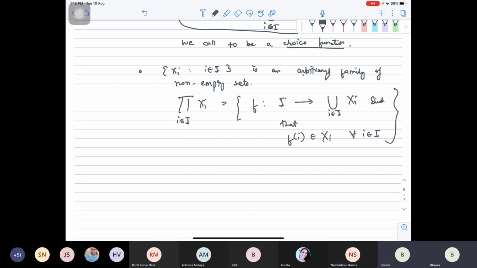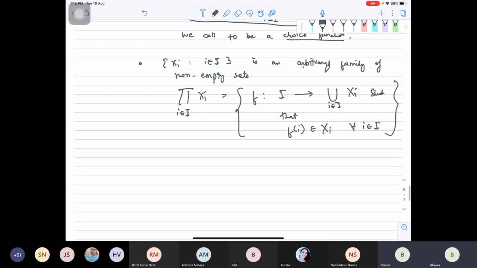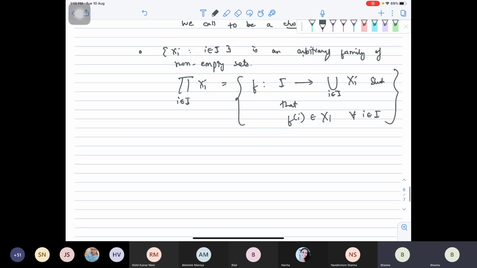Now the definition becomes order independent. Any index set you take, if you want to take natural numbers, you can take natural numbers in this definition. Finite set, you can take. If you want to index by real numbers, you can do that. It's definitely up to you. But there is one problem I see.